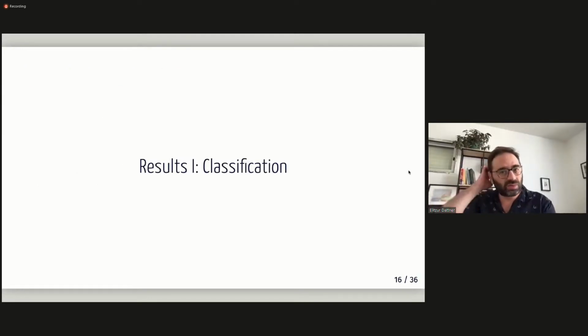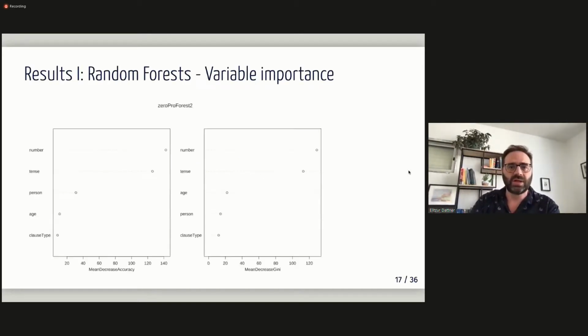So let's now look at a rather traditional type of methodology, where we tested it using all kinds of regression analysis and classification trees, etc. And here we can see, for example, using a random forest, that there is a variable importance hierarchy.